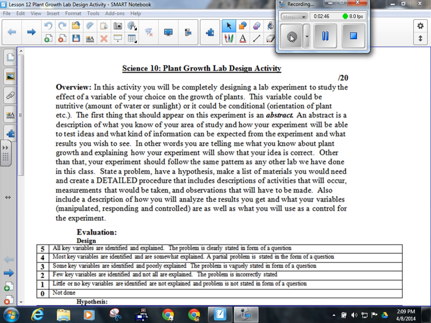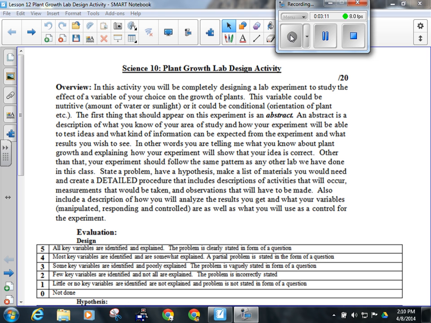That means a problem, a hypothesis, procedure, materials, your variables, all that kind of stuff. That's as far as you have to go. There's no analysis because you're not really doing the lab. There's no conclusion because you have no results and no analysis, and there's no sources of error because you're not actually doing the lab. So all you're doing is the first half of the lab.